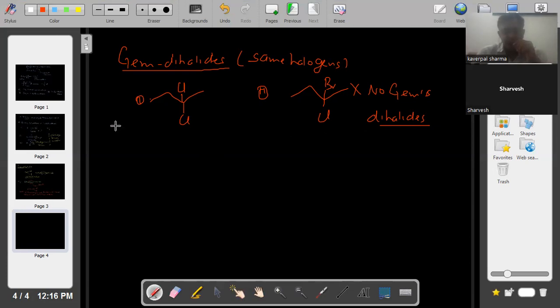Now, second case. Cl, Cl. This is also gem. In this case, fluorine, fluorine on the same carbon atom. This is also gem dihalide.